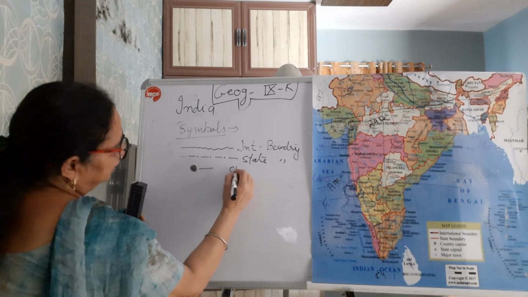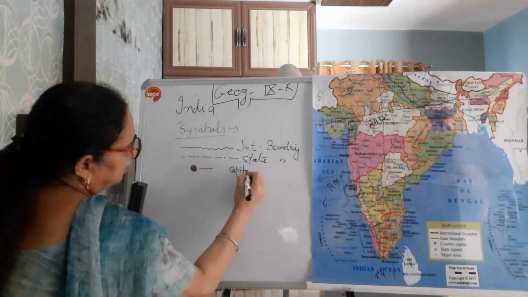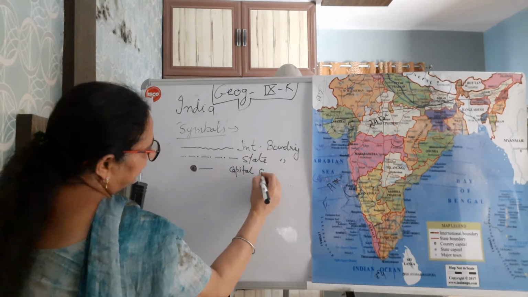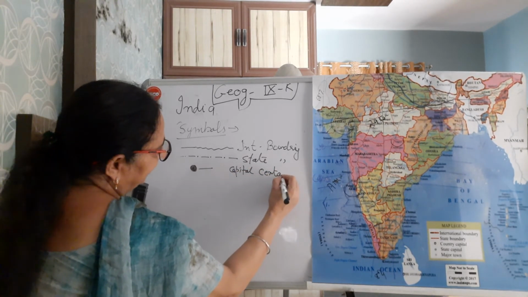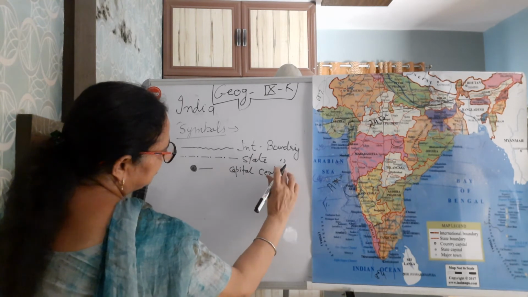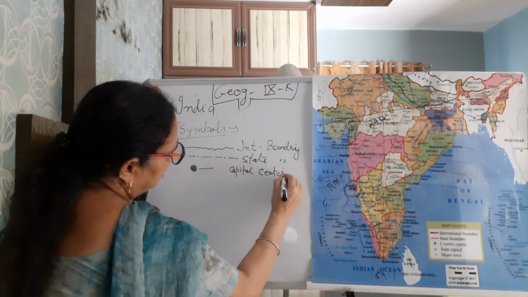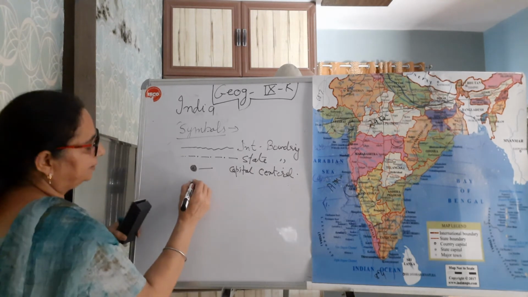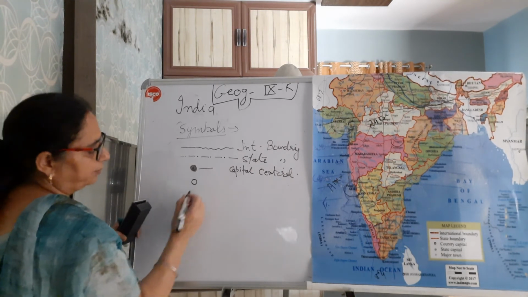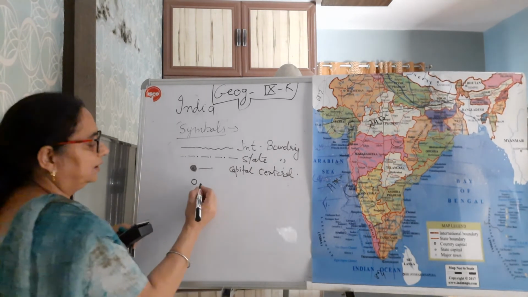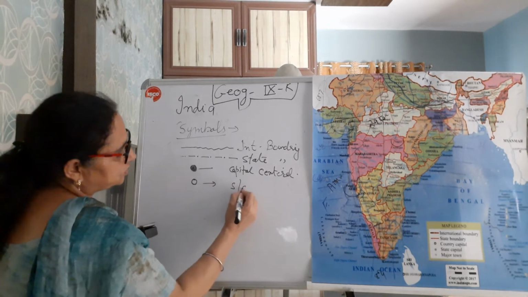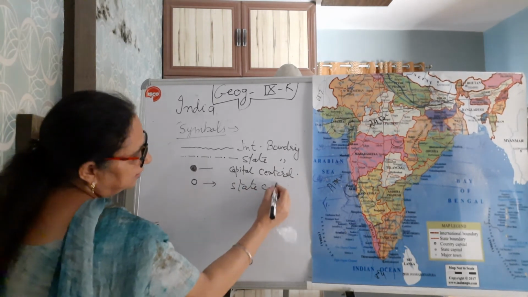That is the central capital, like we have Delhi. Then there is this type of dot having a hole in itself, that is state capital.